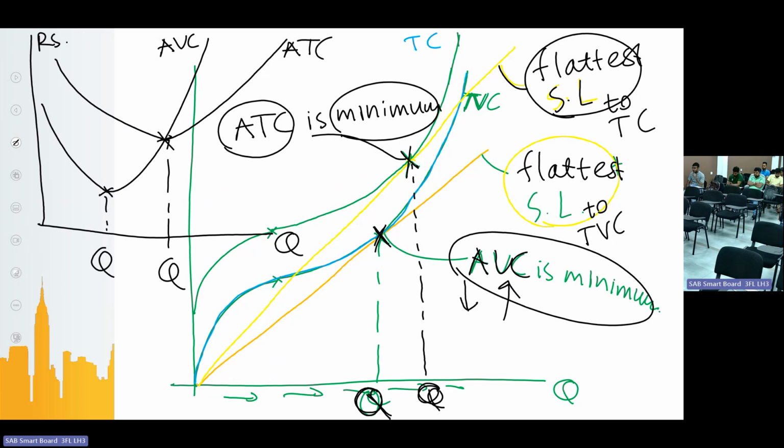The same behavior is there with ATC also. When we draw straight lines to ATC, they are getting flatter and flatter. That means ATC is decreasing.